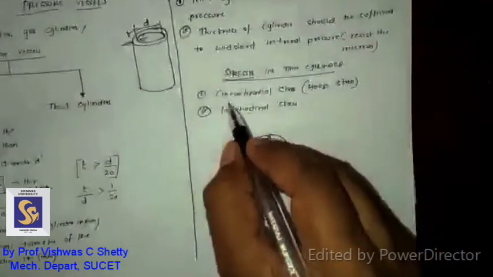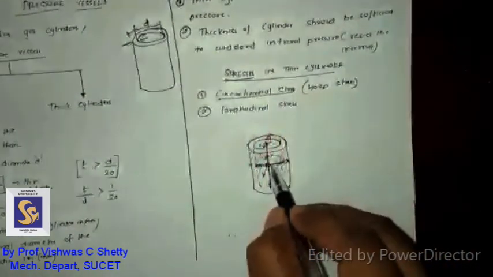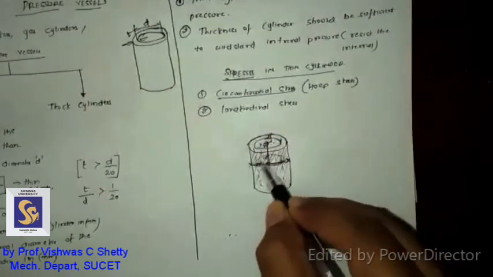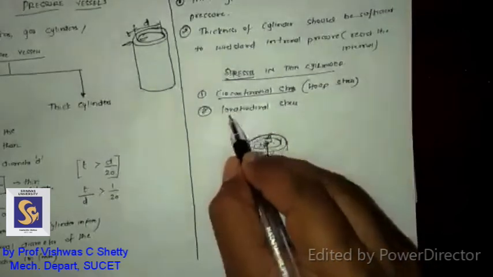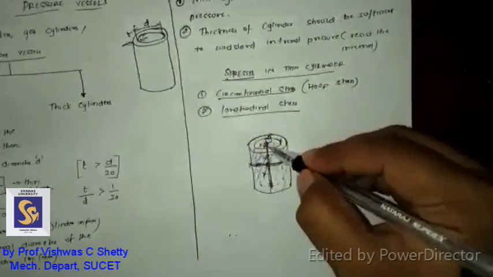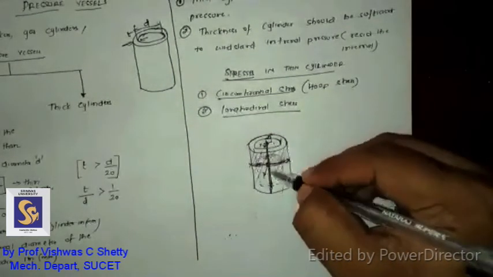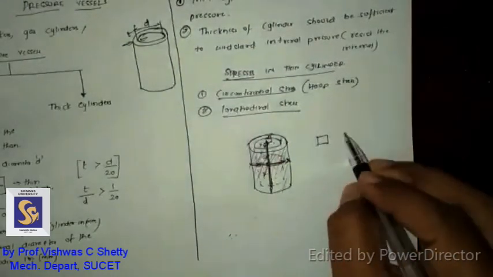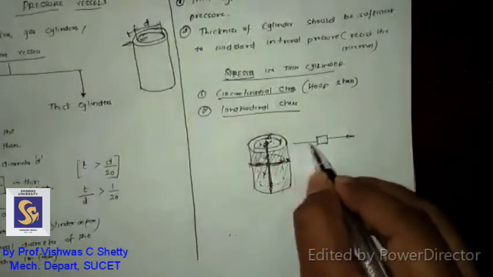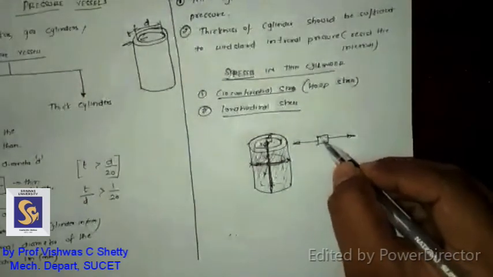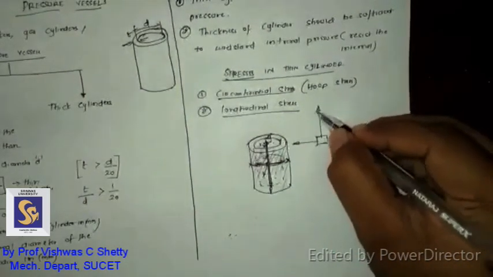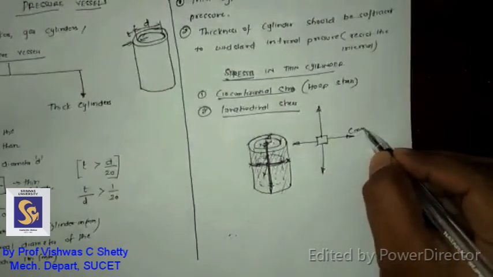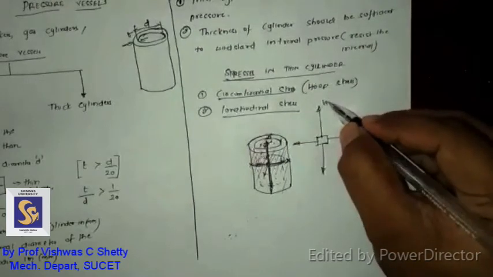So that's why there will be stresses in circumferential direction. All these are circumferential direction, radial direction, or longitudinal direction. So this is longitudinal, along the axis. Okay, is this clear? That is why there are stresses in two directions. If you consider an element like this, a fluid element, it can have circumferential stress, or it can have longitudinal stress.